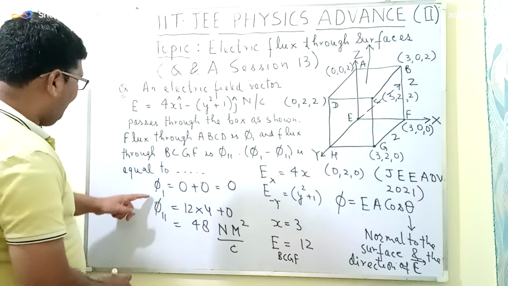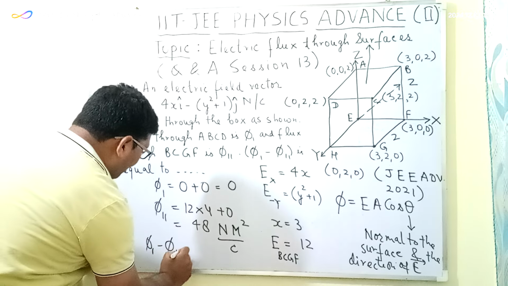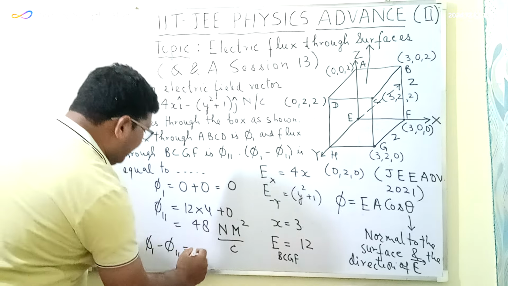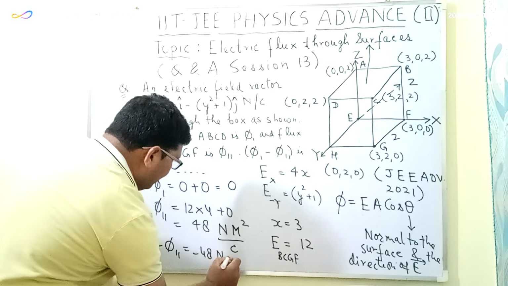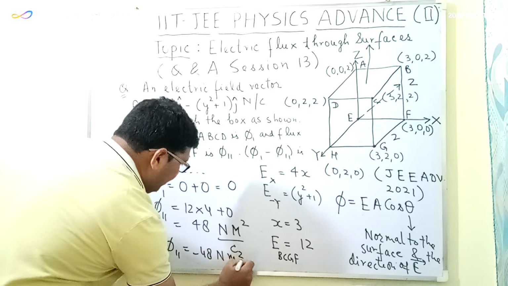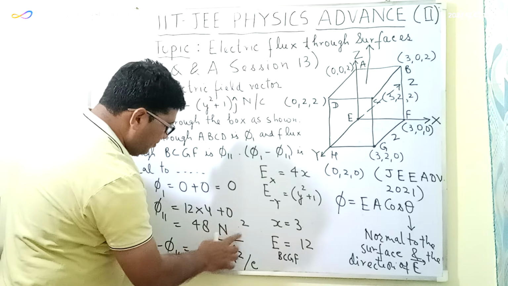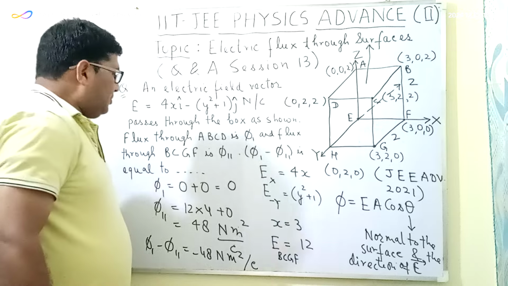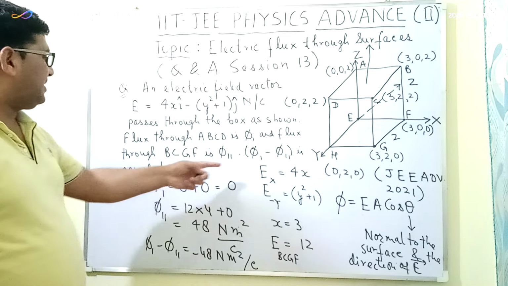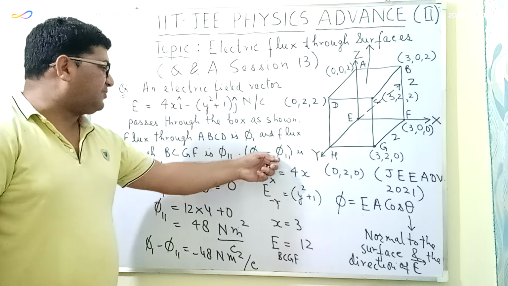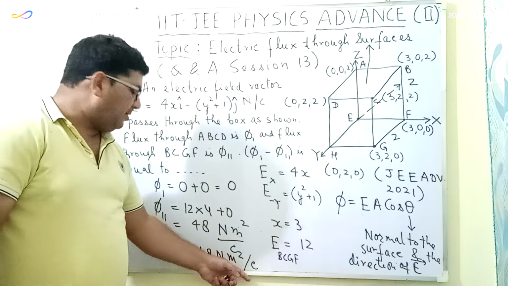So the difference of that is phi 1 minus phi 2, this will be equal to 0 minus 48. So this will be equal to minus 48 Newton meter square per coulomb. So the answer is minus 48 Newton meter square per coulomb. That is the difference of phi 1 and phi 2.